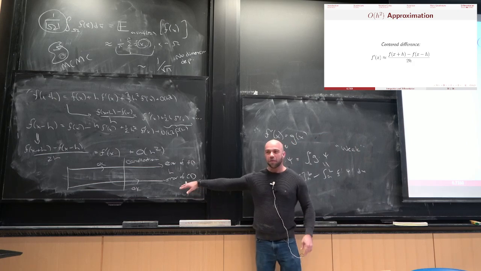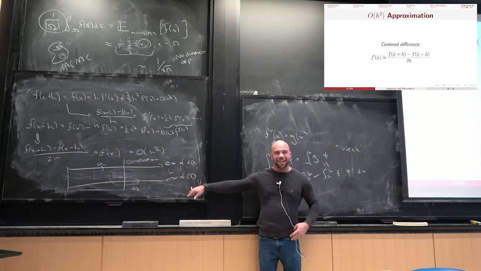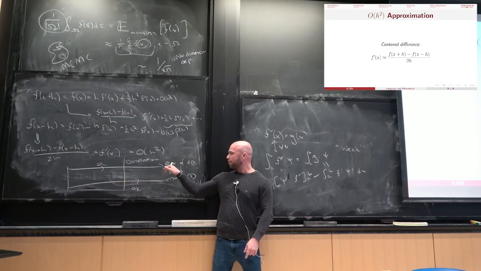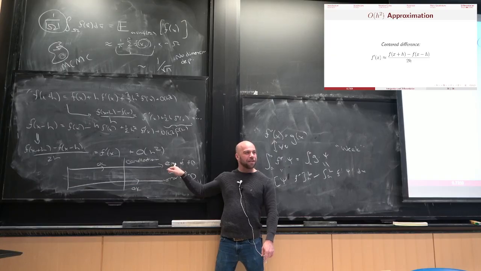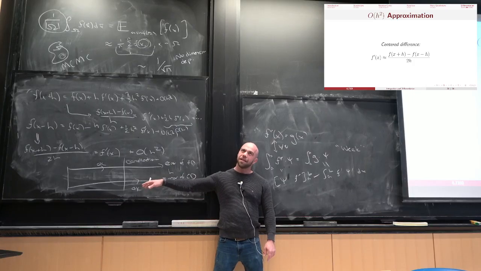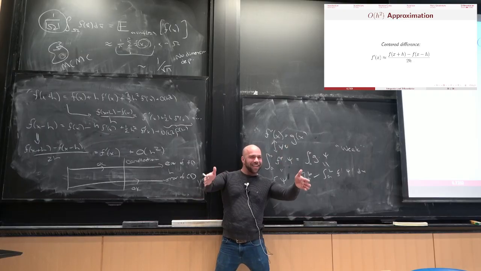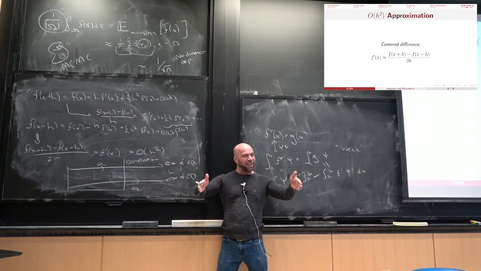Essentially, the crossover point where numerical error starts to kick in often happens before the forward difference approximation is okay. Let me try that sentence again. There's some region where the forward difference approximation is okay, right?